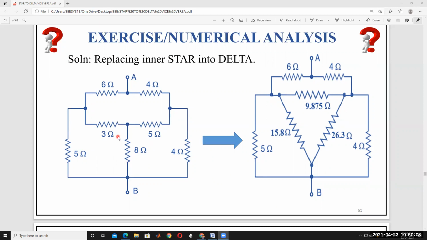Here, what is the resistance here? 3 into 8 divided by 3 plus 8 plus 5. Am I right? So multiplication of adjacent arms by addition of total resistance: 3 into 8 divided by 3 plus 8 plus 5. You will get the star to delta conversion.